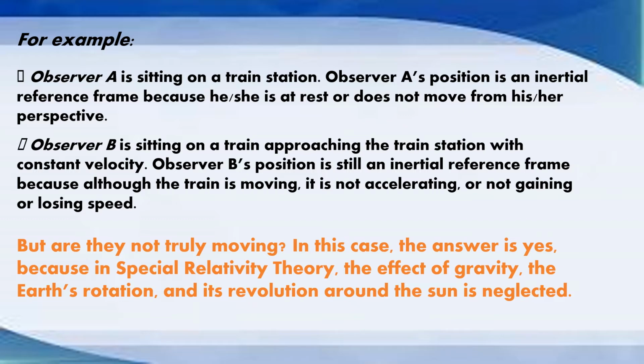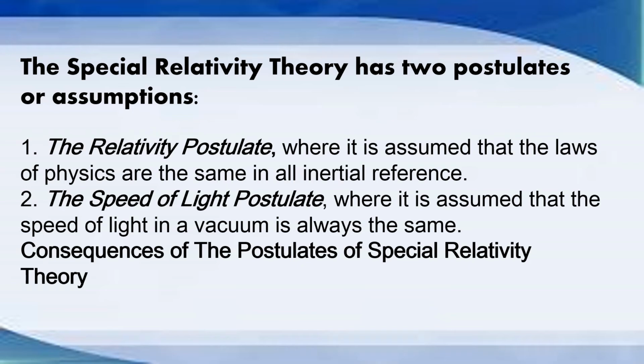But are they not truly moving? In this case, the answer is yes. It is because in special relativity theory, the effect of gravity, the Earth's rotation, and its revolution around the sun is neglected.